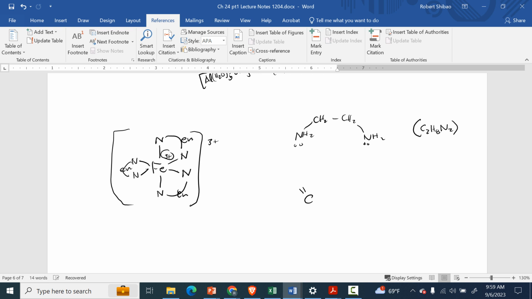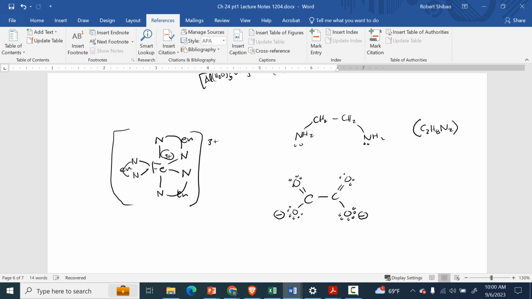Oxalate looks like two carboxylic acid groups stuck to each other, like this, back to back. And these would be called carboxylate groups because the acid proton has been plucked off and we're left with the anion.